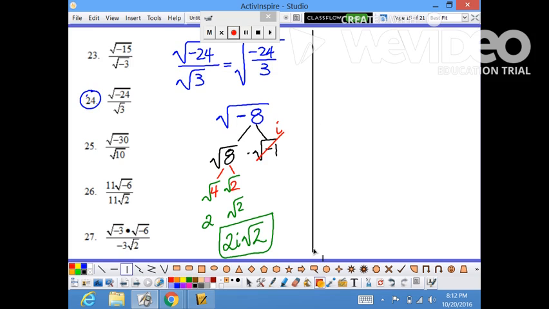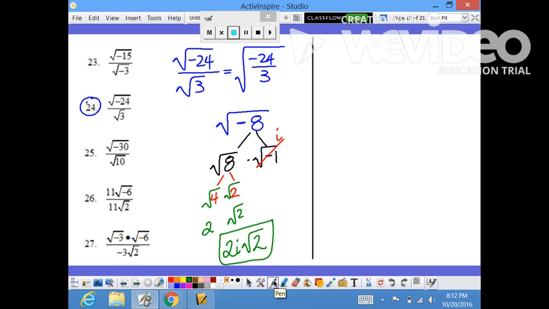All right. Number 26, you have 11 times the square root of negative 6 over 11 times the square root of 2. The first thing I would do as a math student, if I see 11 in my numerator and 11 in my denominator, I would cancel those out because 11 divided by 11 is 1.